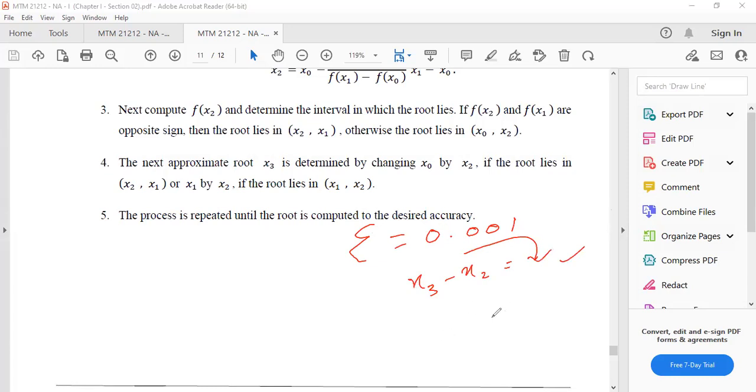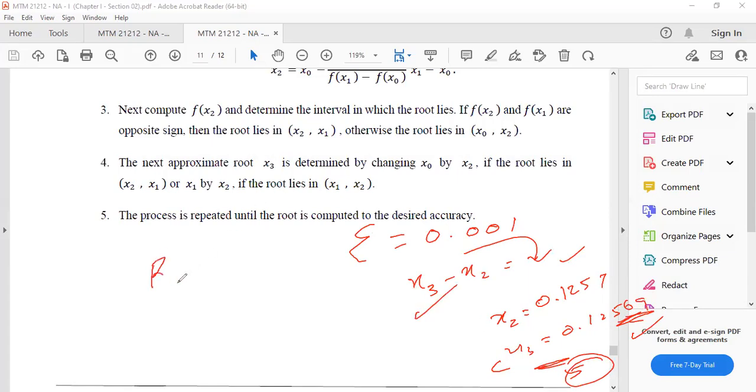Or otherwise, if you find, let's say, my x2 is 12.57 and my x3 is also somewhat 12.569, like that, this is also the same, no? So in that case, you can stop, maybe in the third iteration or fifth iteration according to your question. So this is the regular falsi method.